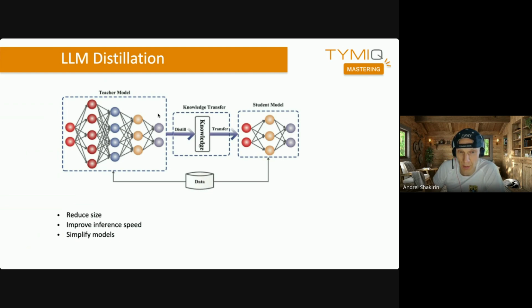The training process will be easier because the teacher model will transfer not only the single expected token, but the whole set with probabilities to the student model. Why is distillation important? Just to reduce the size, make it cheaper, and improve the inference speed. So the result with the student model is smaller and also faster.